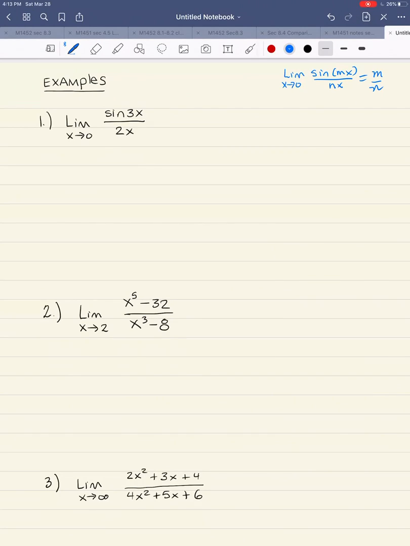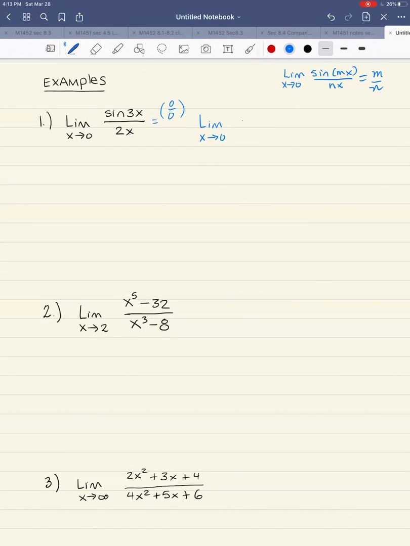But let's show you that that's going to work here with L'Hopital's rule. So if I try to take this limit by putting 0 in for each x, I get sine of 0 over 0, or 0 over 0. So I make a note saying that I've got the right form for L'Hopital's rule.